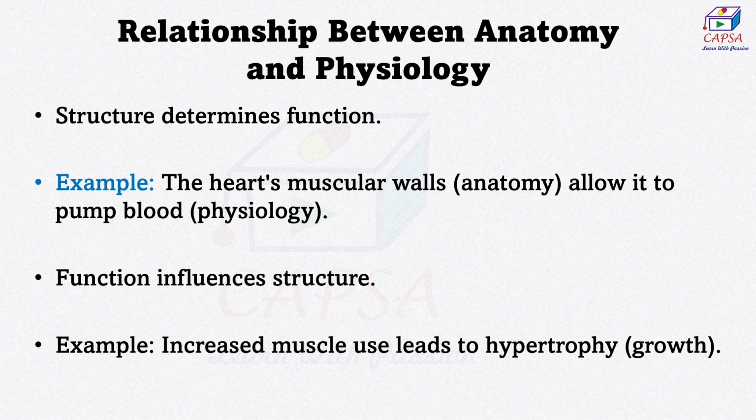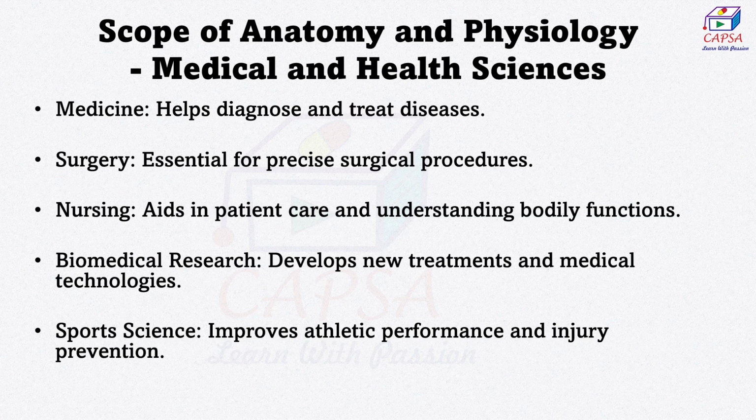A clear example of this is how increased muscle use leads to hypertrophy or muscle growth. So, therefore, to truly understand the human body, one must study both its structure and its function in an integrated manner.